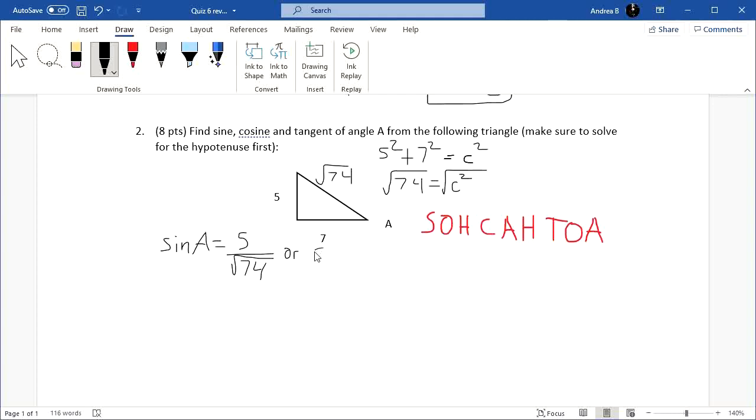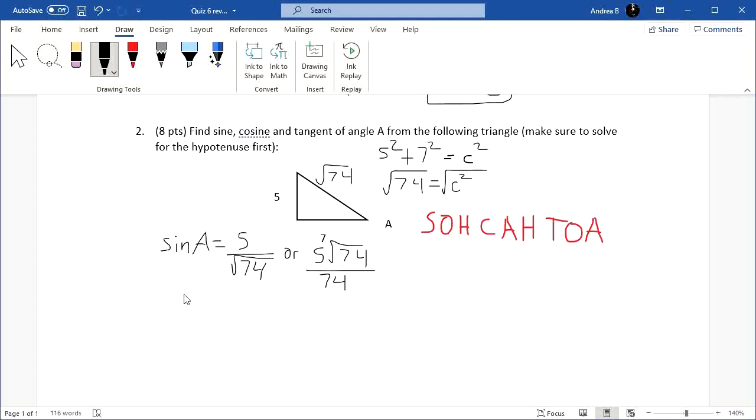We'd have 5 times the square root of 74 over 74.